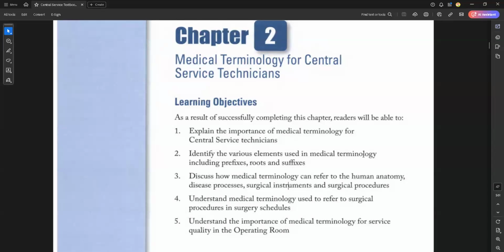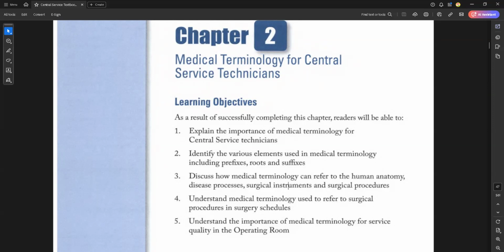These are our learning objectives. Explain the importance of medical terminology for central service technicians to identify the various elements used in medical terminology. Now, objective number 2, I'll be spending a lot of time on that because that is where the actual work is.